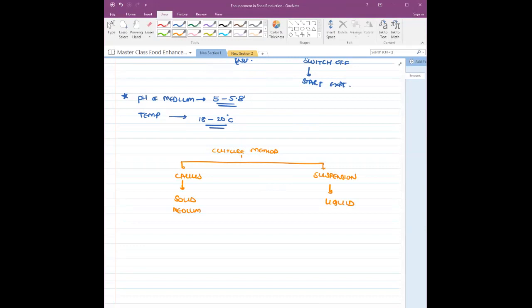Now guys, always remember, whether this is callus medium or suspension medium, at the end of the day both of them are going to die. So I cannot do this once and then say, leave it, it's done, and now I will not require these things.